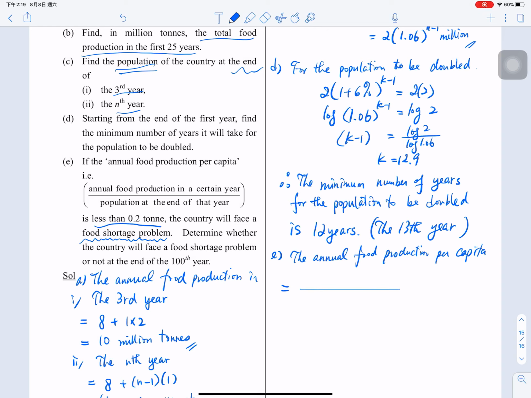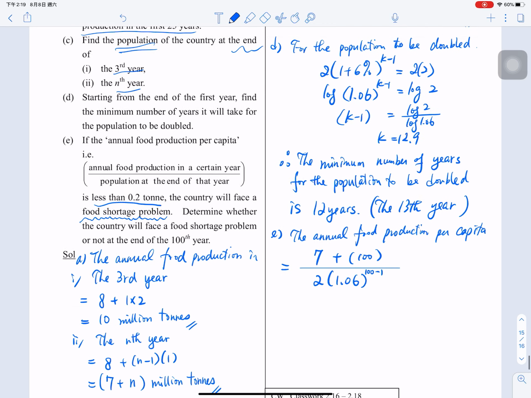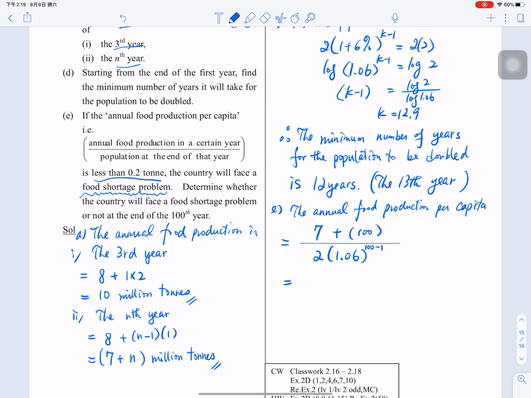Okay, annual food production in a certain year, that means 7 plus n. N now is 100, and the population 2 times 1.06 to the power n minus 1, that means 99. So at the end, this one 0.167, which is smaller than 0.2.